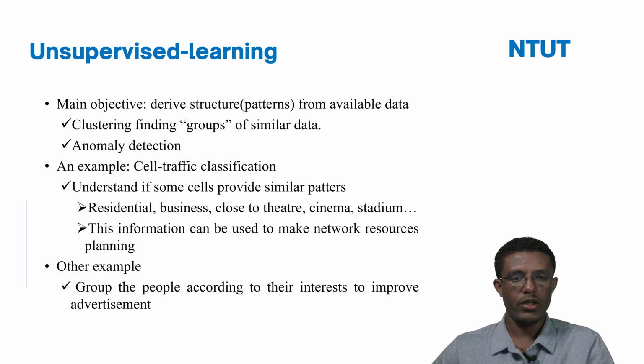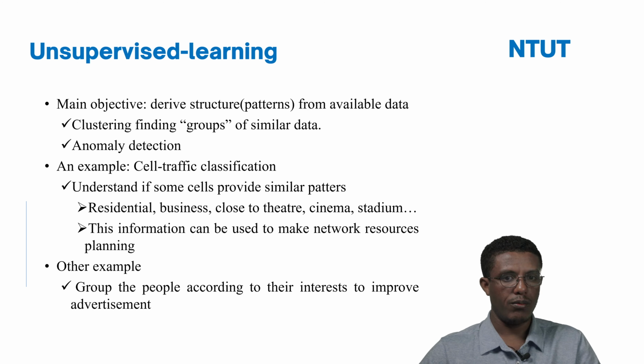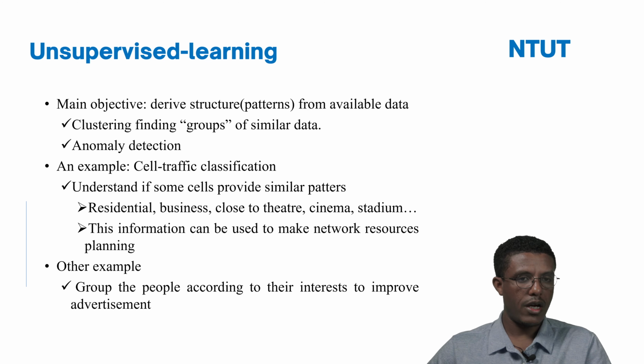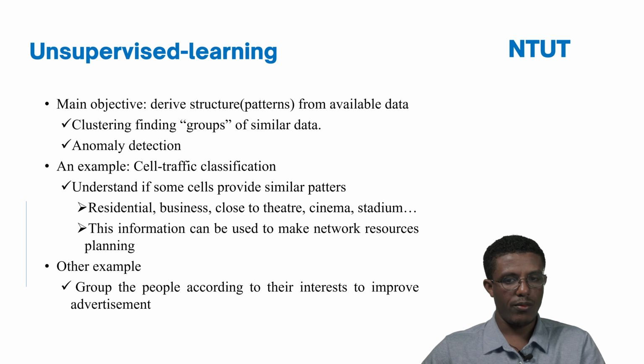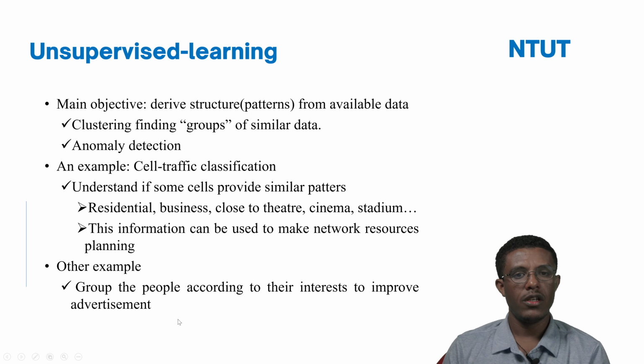We can cluster people, for example, based on education status, income, residential information, or businesses, into similar groups. Let's say we group people according to their interests to improve advertisements. So for example, we can collect the data from the people based on the advertisements.